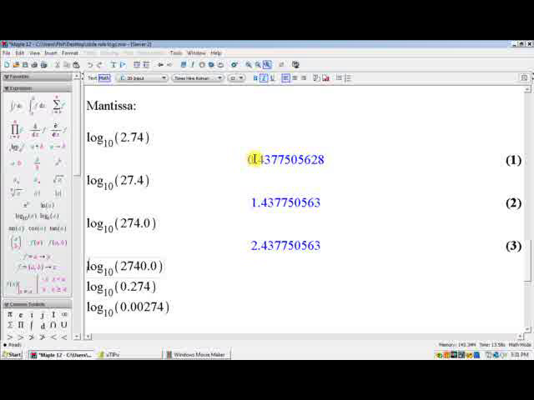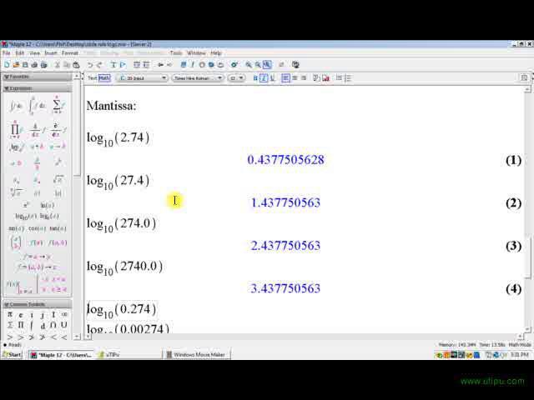This number out front denotes the order of magnitude. And so you can probably assume that if you see 274 with the decimal in this place right over here, 2,740, that we're going to have 3.437. And indeed we do.